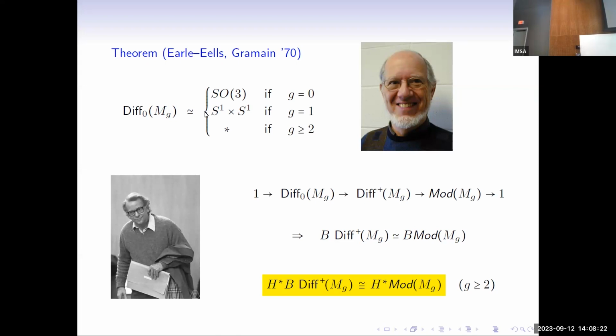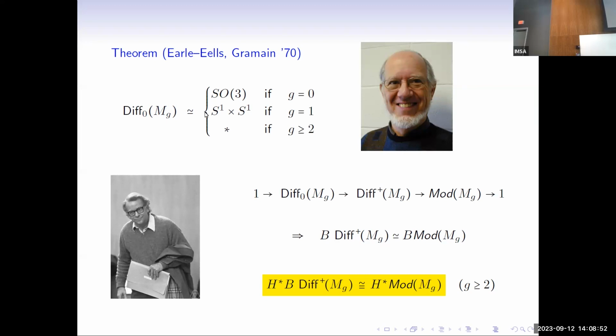In this case, we can look at the exact sequence that gives us the definition of the mapping class group. If the genus is greater than or equal to 2, then passing to classifying spaces, we see that the classifying space of the orientation preserving diffeomorphisms has the same homotopy type as the classifying space of the mapping class group.